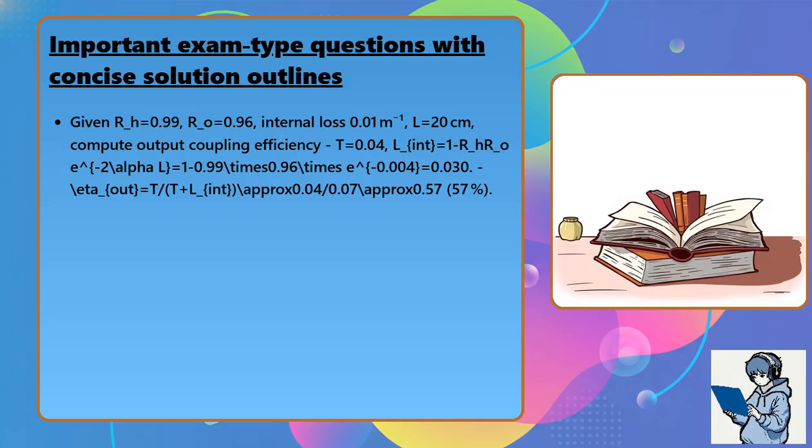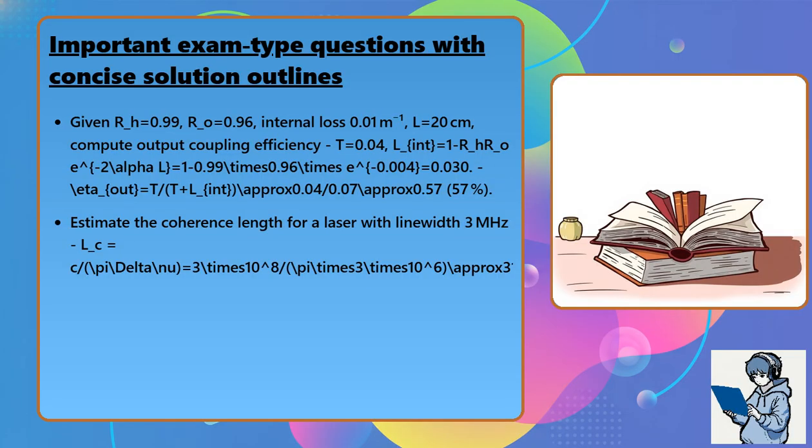Internal loss L sub int equals 1 minus RH times RO times e to the minus 2 alpha L, which evaluates to 1 minus 0.99 times 0.96 times e to the minus 0.004, giving approximately 0.030. Output coupling efficiency eta out equals T divided by (T plus L sub int), approximately 0.04 divided by 0.07, about 0.57 or 57%.